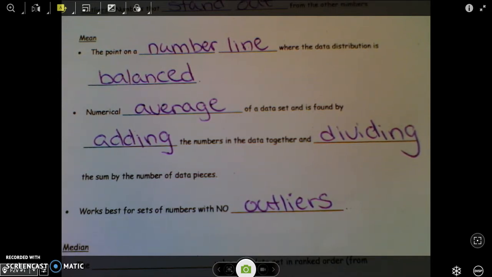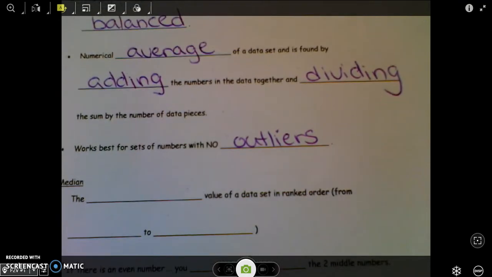We don't do it this way in school, but it would be nice if we used a different measure of center than mean, because when you add up all the values, including that 17, and divide by the number of tests you've taken, it's going to pull it down. So mean works best if there's no outliers, because that will skew your average, basically.